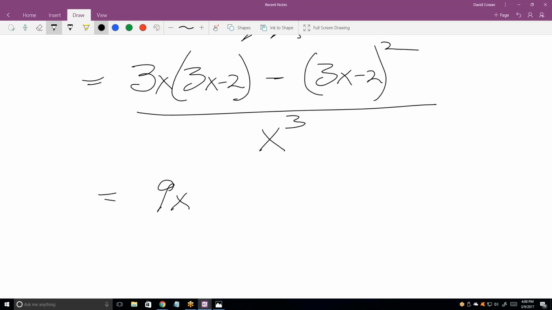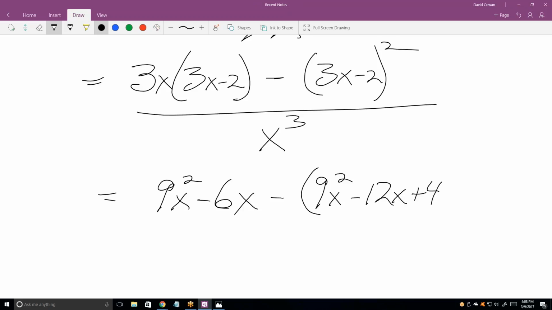So I'm going to distribute the 3x, so I get this. And then I'm going to leave that in parentheses for a moment, and I'm going to square it. And that becomes that. Okay, you with me? And I left the parentheses in there because they're significant.